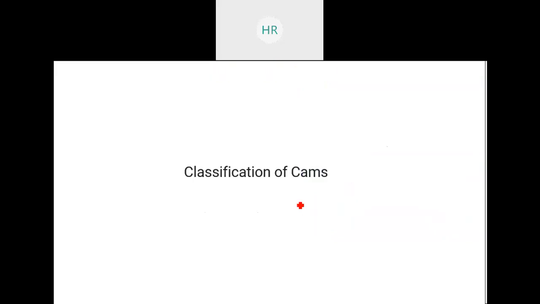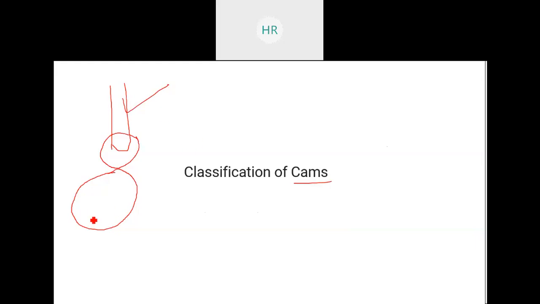Next is classification of cams. Up till now we have seen the classification of followers. So in cam and follower there are two elements. One is cam, which is having this kind of profile, and follower. So up till now we have discussed the classification of these followers.